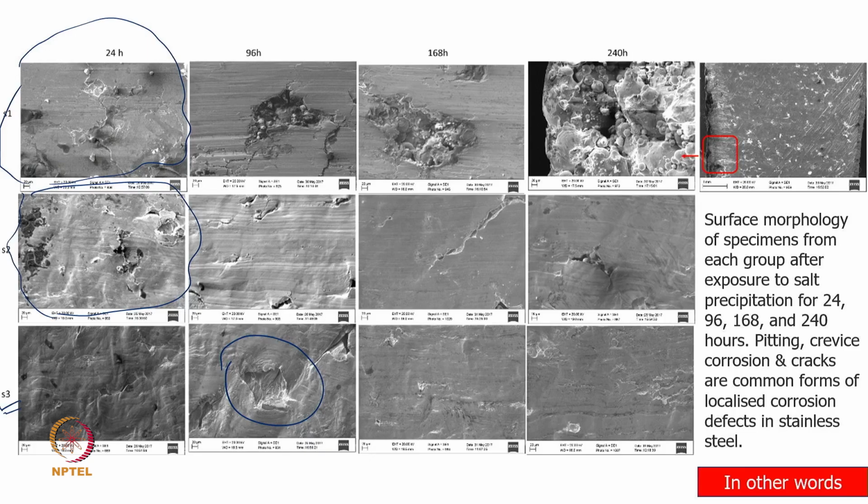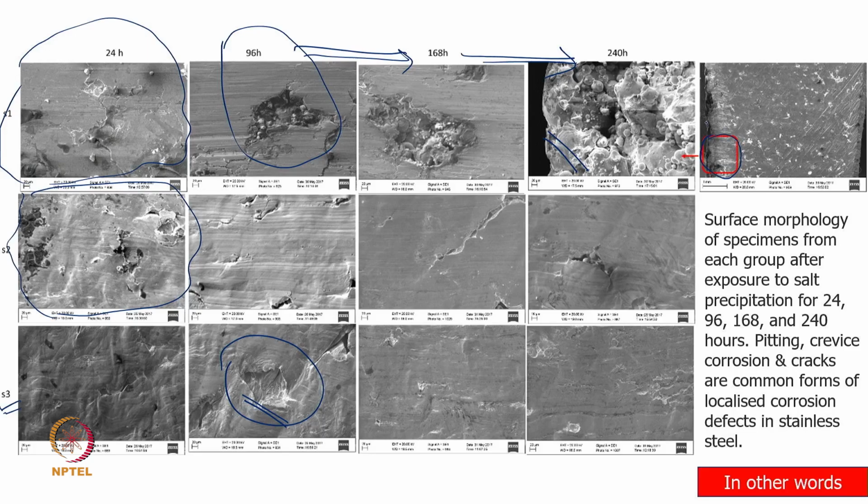That is why, looking at the bars of the different samples, we found there is some weight loss after 96 hours, and that is indicated here. In this case at 96 hours we are able to find a deep crack, or maybe pit formation, and this is continuously increasing, and up to 240 hours it has gone very high. After 240 hours it has come to a visible sign.